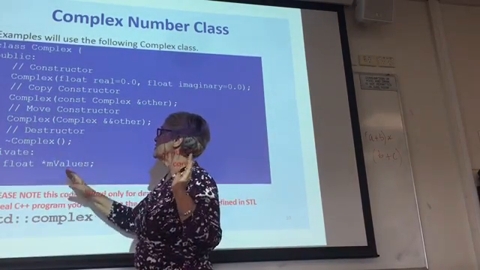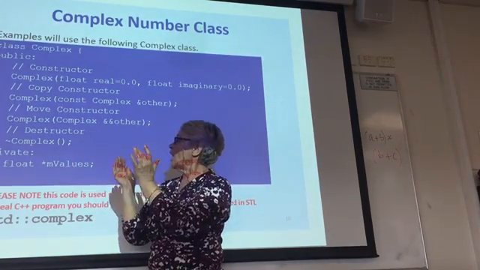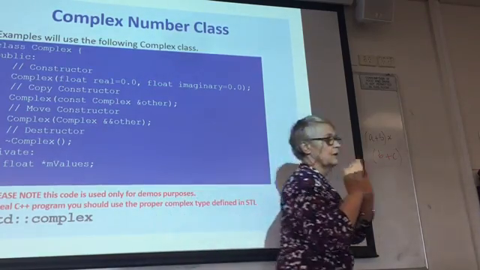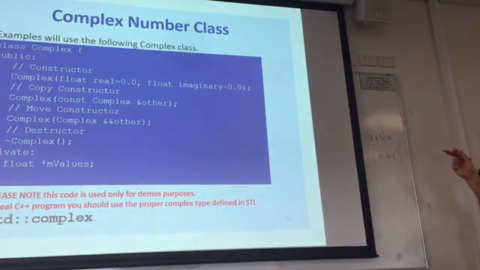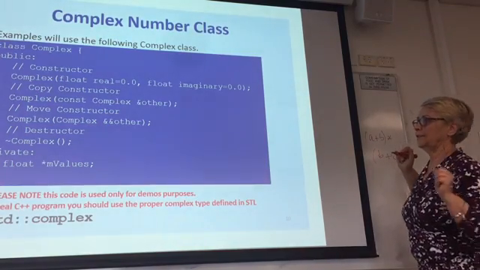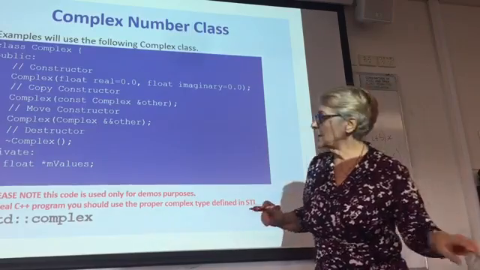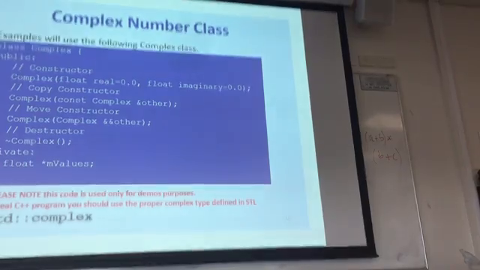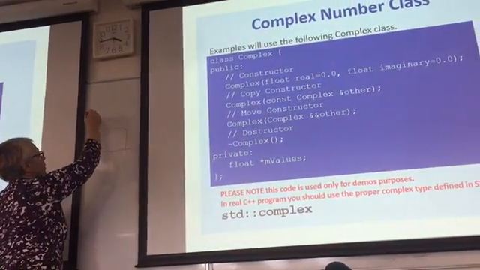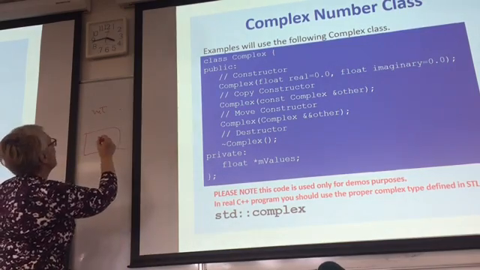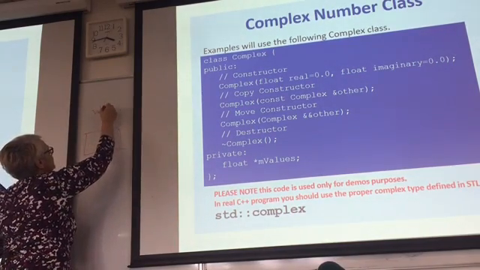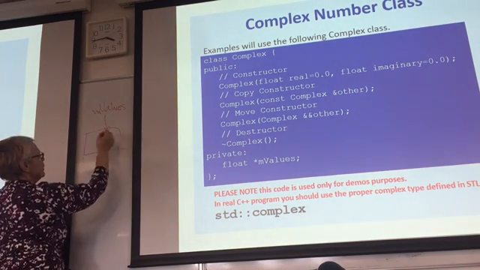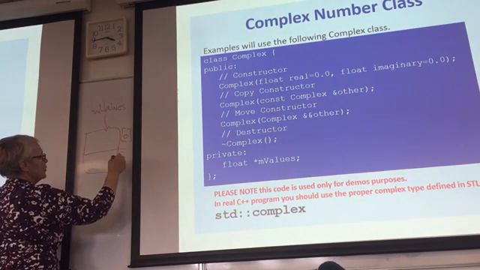So what we have here is, in fact, data which has m values 0 as its first element and m values 1 as the second element. In other words, something like this. We have an m values float pointer, which has just two elements: m values 0 and m values 1.